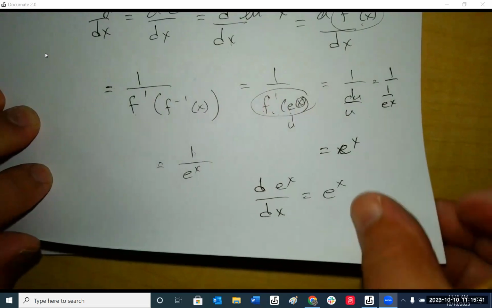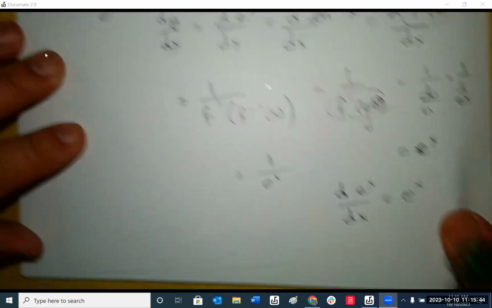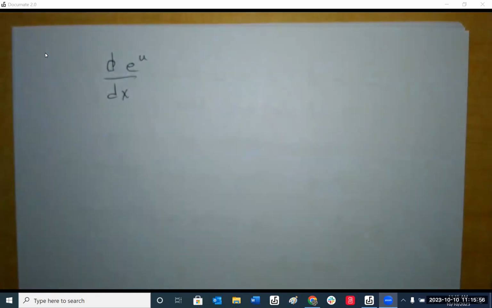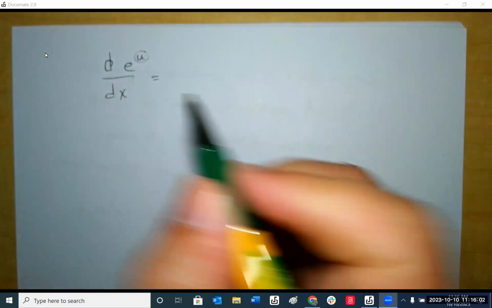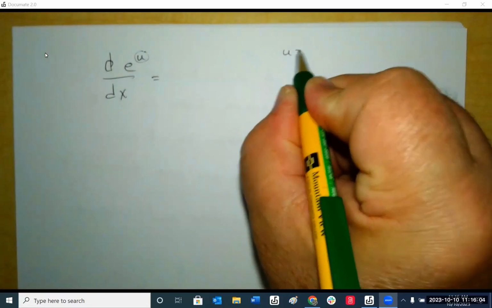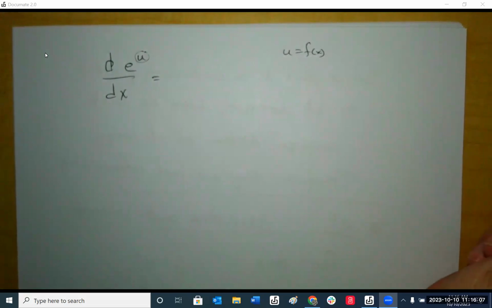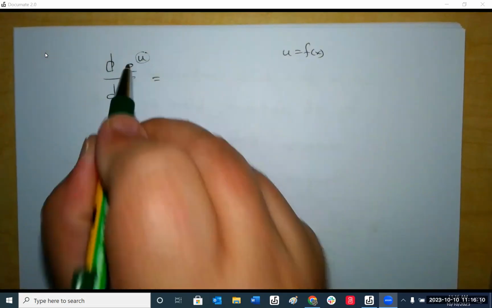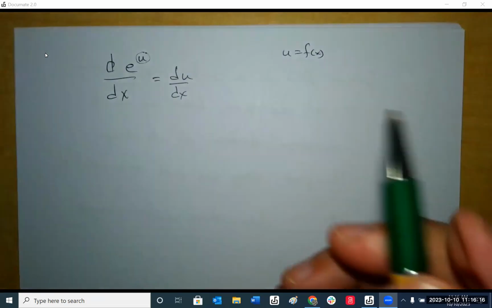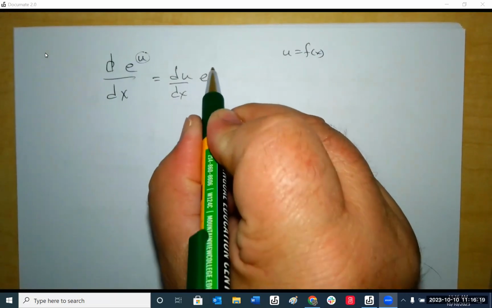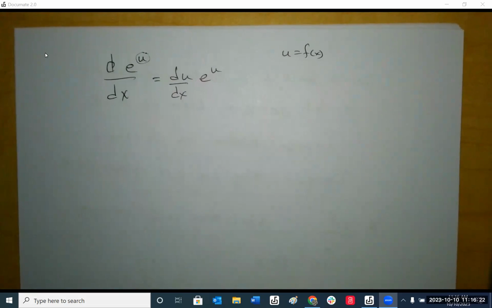Again, the exponent could be a function as well. The exponent of our e could be a function of x. When that happens, we take the derivative du with respect to x times e^u.